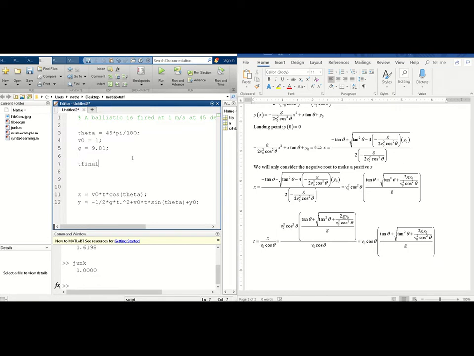T final, the landing point of T, is going to be, we're going to use that last one, V naught times the cosine of theta times this terrible fraction.